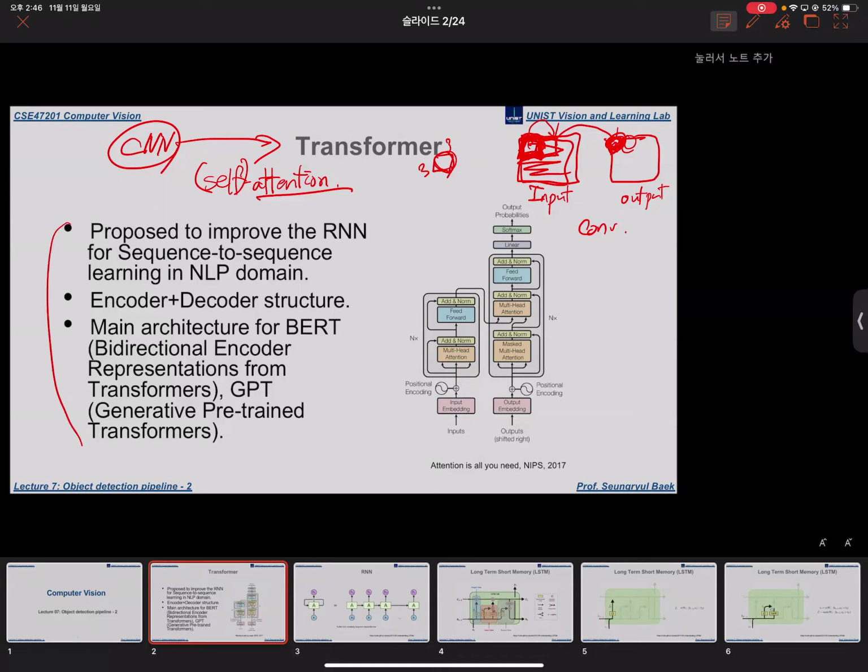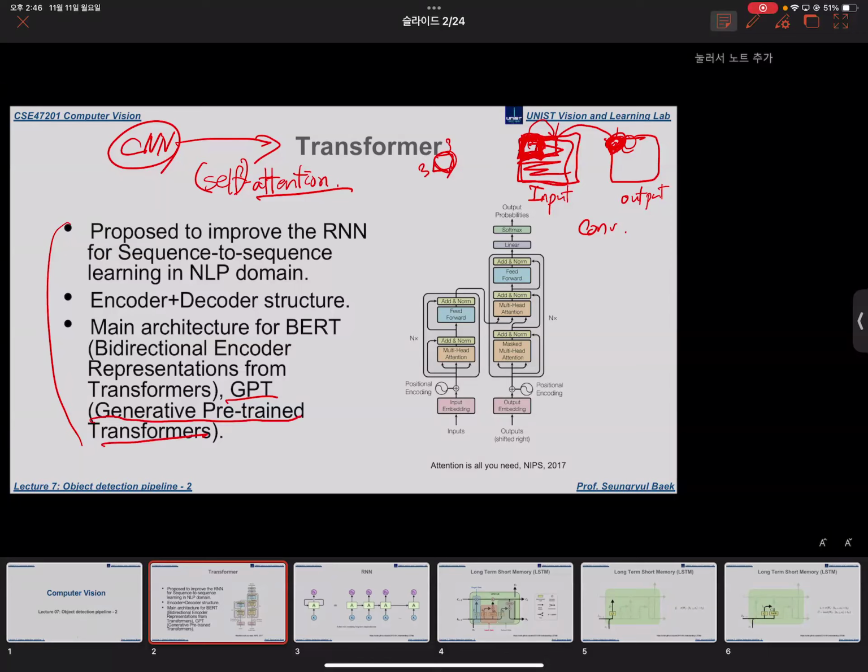Because nowadays the transformer is very popular, you may have heard about GPT. ChatGPT, have you heard about that? Maybe I should check if there's a person who didn't hear about GPT, right? So GPT is very popular today.